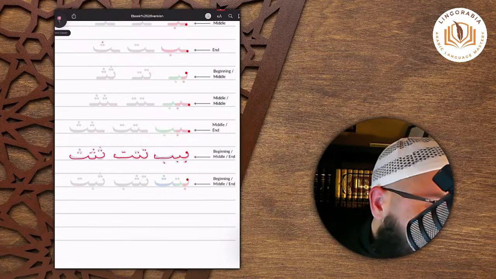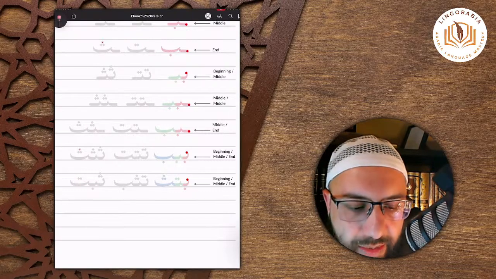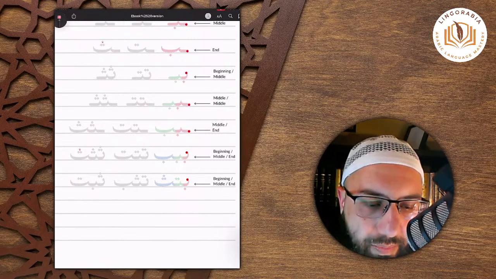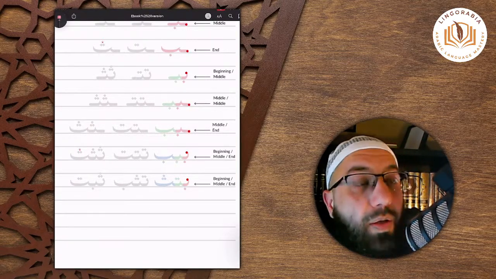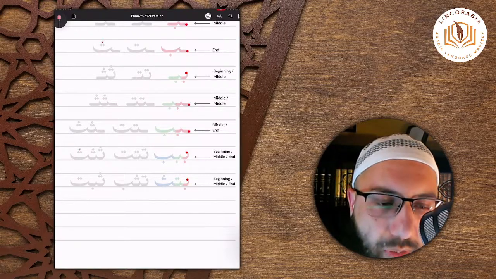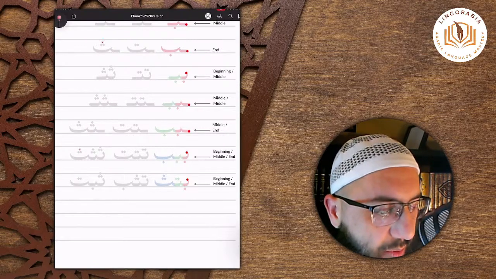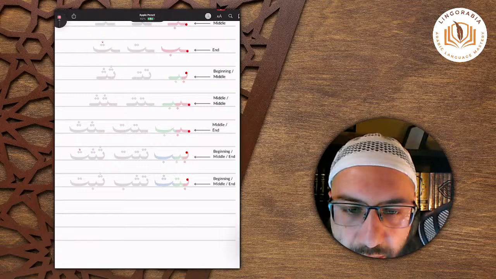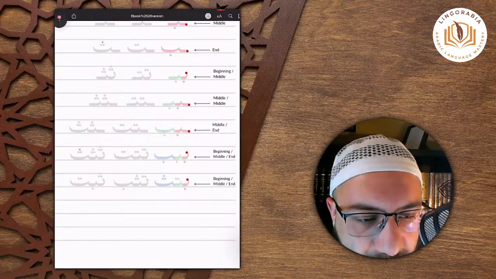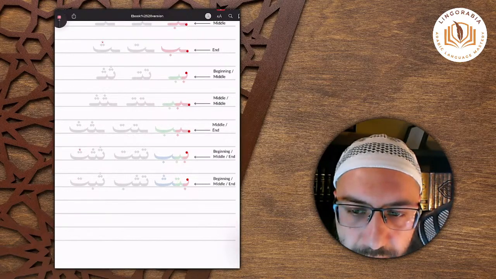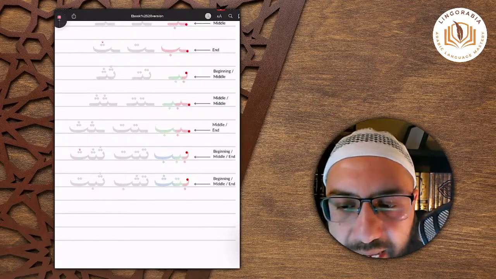Okay, guys, so this is how the letters are written. Any questions about this? Any questions, guys? Or is it clear? Give me a 1 in the chat if it is clear.